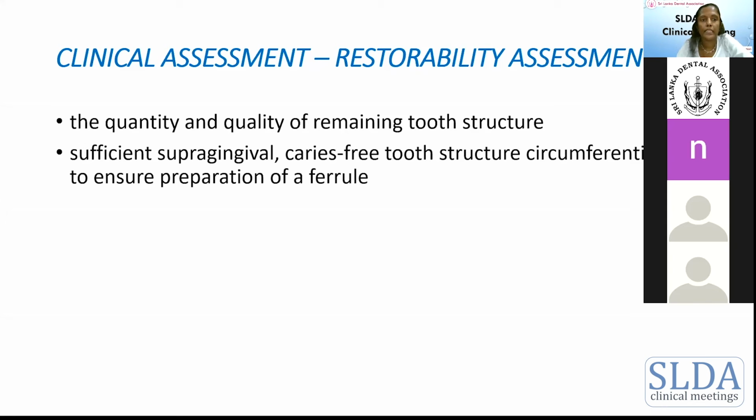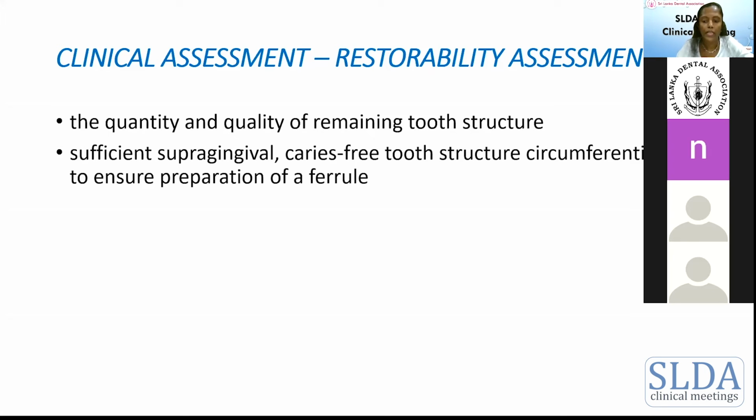That is, you have to assess the quantity and the quality of the remaining tooth structure.